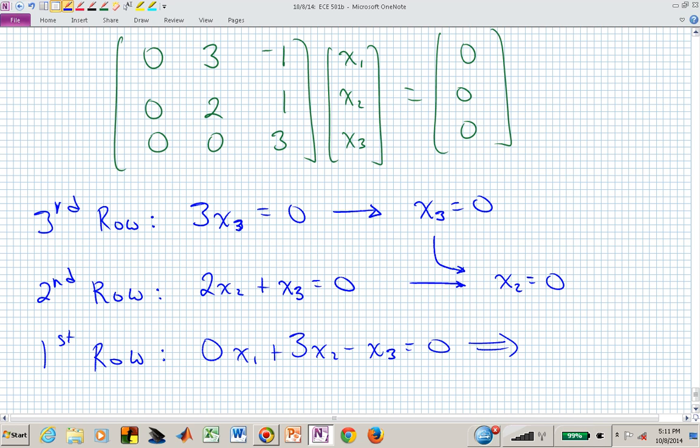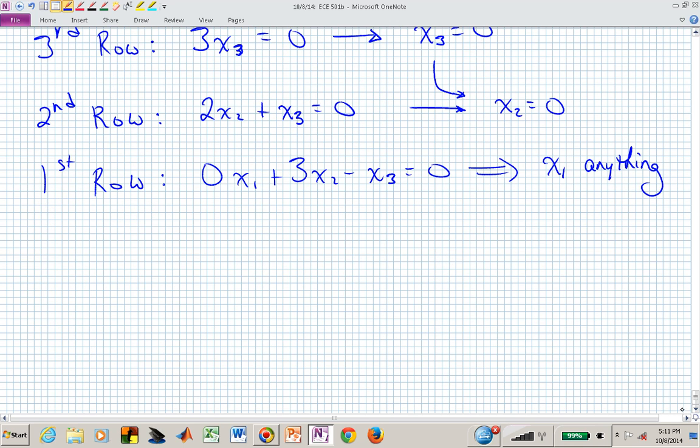What can x1 equal? x1 could equal 0. We want it to be non-trivial, though, don't we? So it can be anything, can't it? x1 could be anything and satisfy this matrix times x1, 0, 0. We've now forced the last two coordinates to be 0 by this relationship of A minus lambda I, and now we can say that x1 can actually be anything.